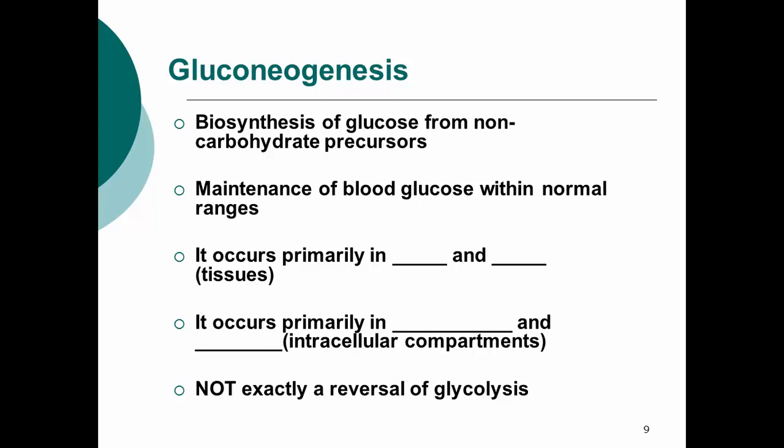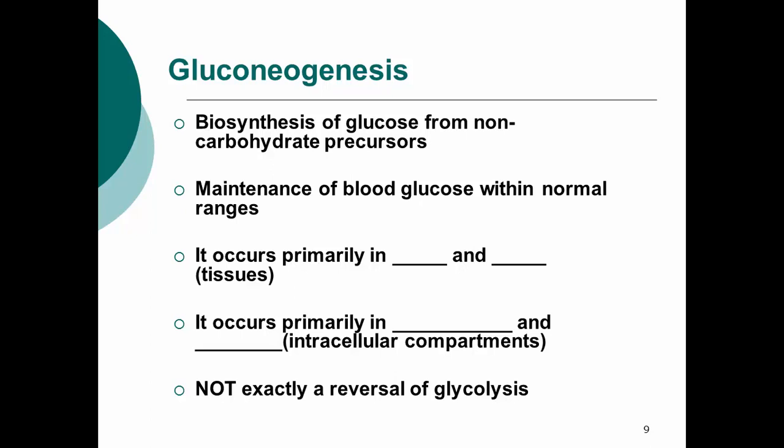So let's talk about gluconeogenesis, right? This is also an important pathway. It's the biosynthesis of glucose from carbohydrate precursors, right? The purpose of gluconeogenesis is to maintain blood glucose within the normal range.